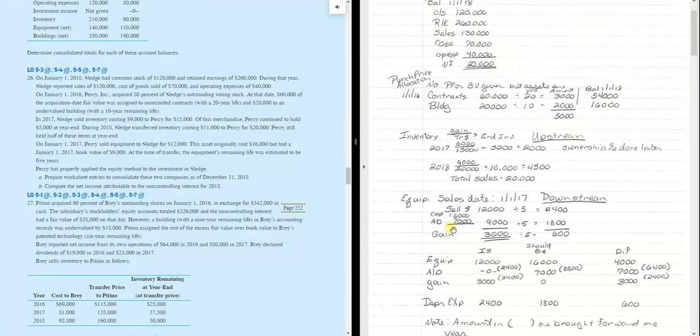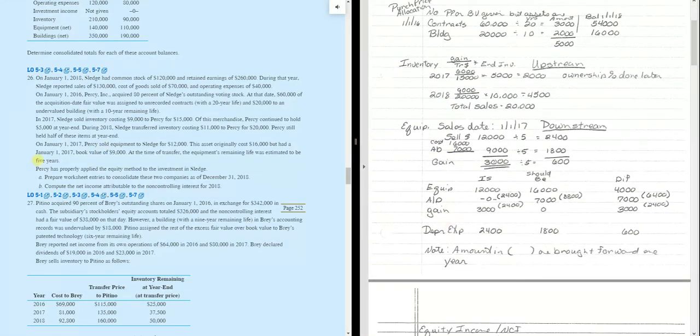is my equipment on January 1st, 2017. That date is important. Notice it wasn't 2016, the day I bought it. It was 1/1/2017. They sold equipment to Sledge for $12,000. It originally cost $16,000, so the equipment should be $16,000, but it is $12,000.